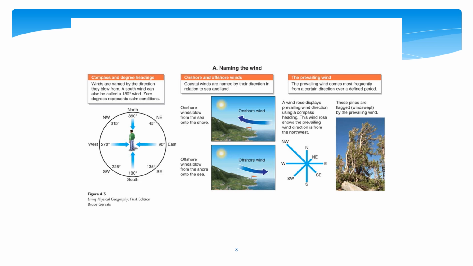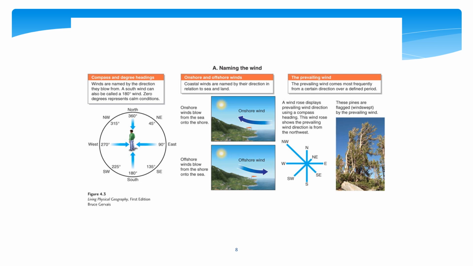On your left, we have winds that are named based on the compass direction, whether that is by its actual direction, the word west, east, north, south, or by its degrees on the compass. A 270-degree wind is one directly from the west. In the center, we have that land-sea kind of thing going on.